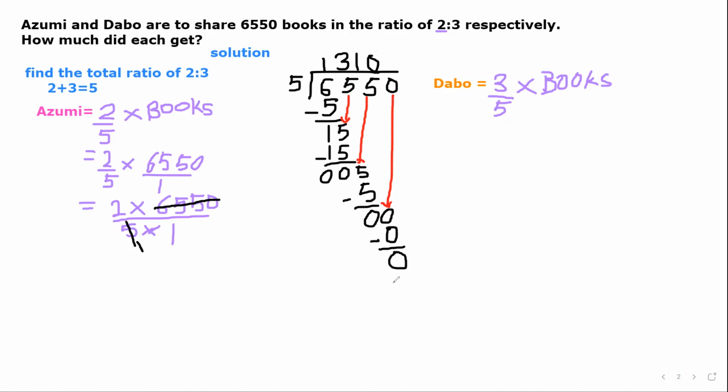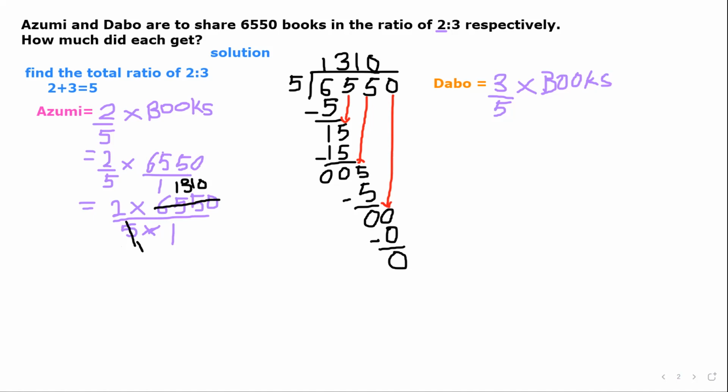When you subtract, you get 0. Then, which means that 5 sharing 6,550 is 1,310. Okay, good.